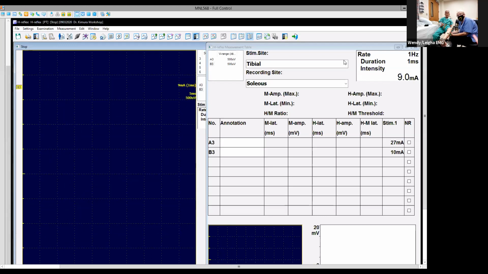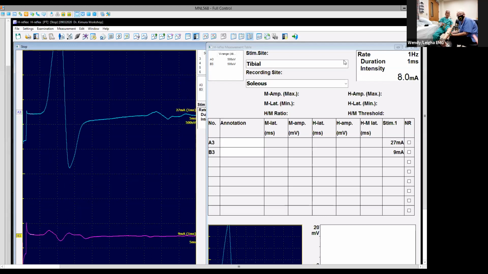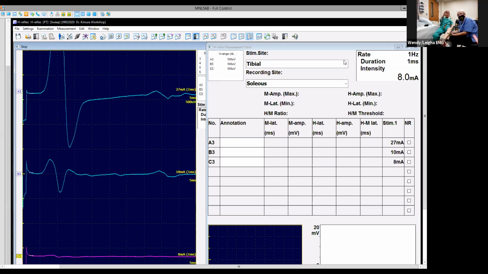Then the M goes and H does not come back. Well, there it is. There was a little one. Yeah, there's the little one. Is there any way to point it? H reflex. Yeah, the top one. Yeah, that's the one above. Okay, that's an H reflex.